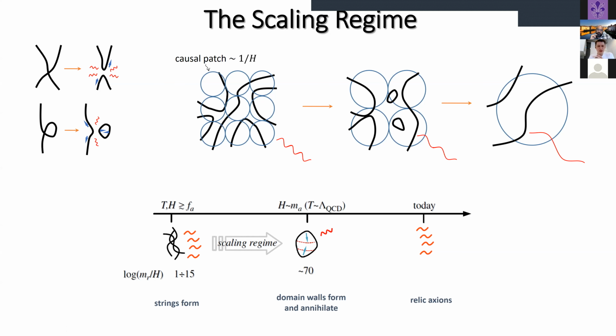And this scaling regime lasts for a long time in log units, until log over H is 70, at which time the Hubble is of order the axion mass, and the temperature of the universe is of order Lambda QCD.